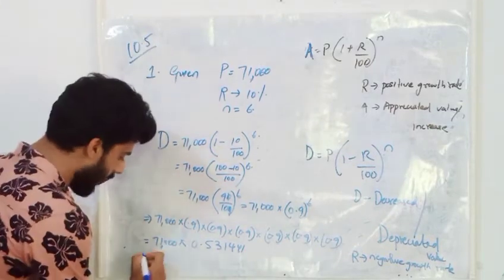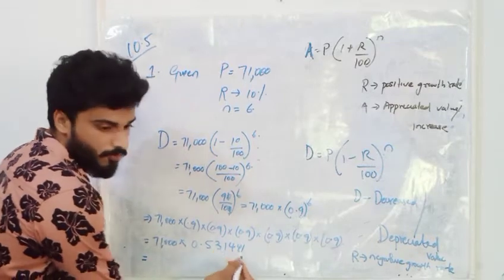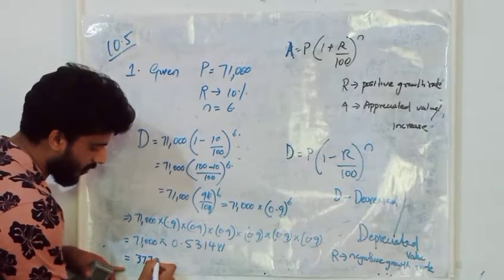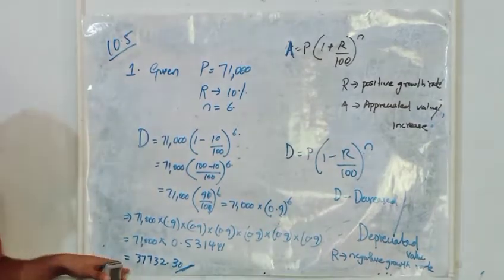And our amount will be 71,000 into 0.531441, that will be 37,732.30. This is our answer.